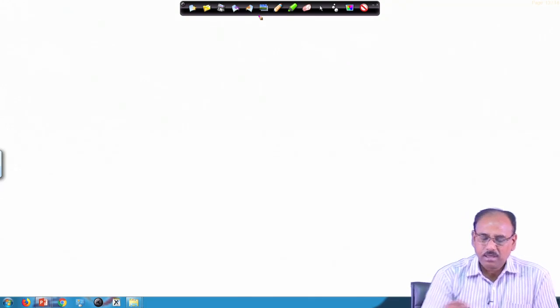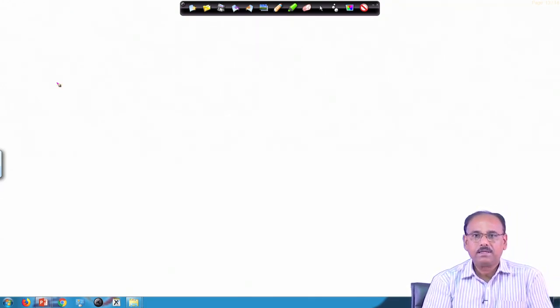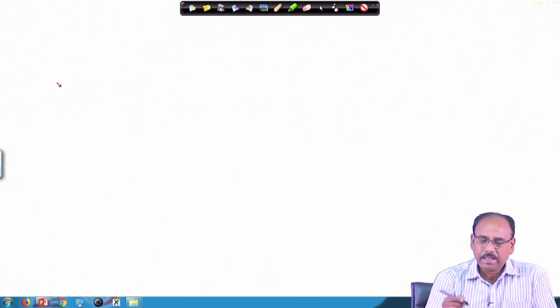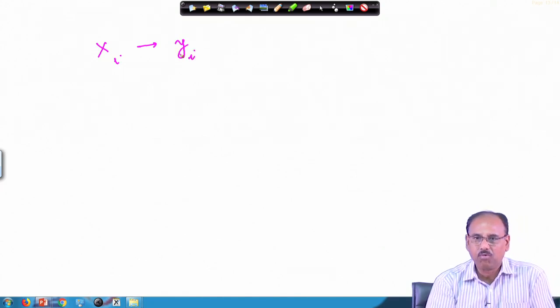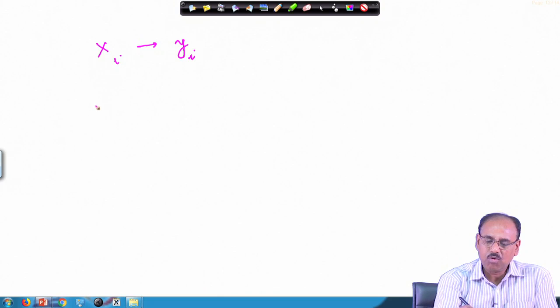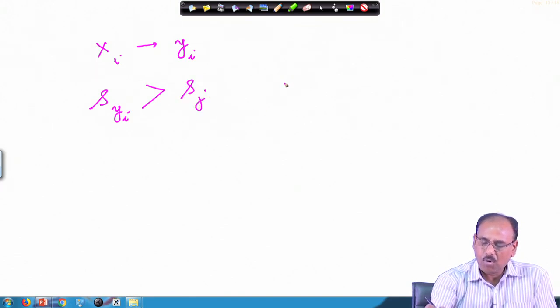So, what is a loss function? As I said, if my classification is not correct, or even if my classification is correct but I want to have better confidence over the classification, or in other words, I want that if the vector xi actually belongs to category omega i, or the index is yi, then in the score function s_yi should be greater than s_j for all j not equal to yi.